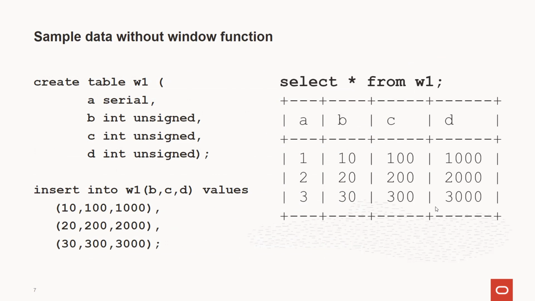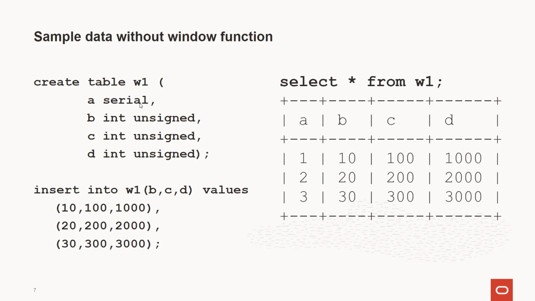So here's some sample data. We're going to create a simple table called W1. It has 4 columns. B, C, and D are all unsigned integers, and A is an auto-incrementing value that we're going to use as our main number here.